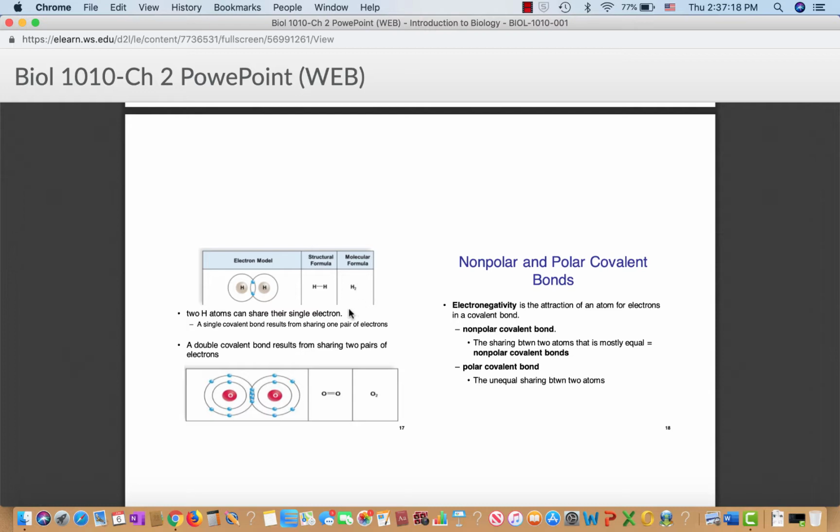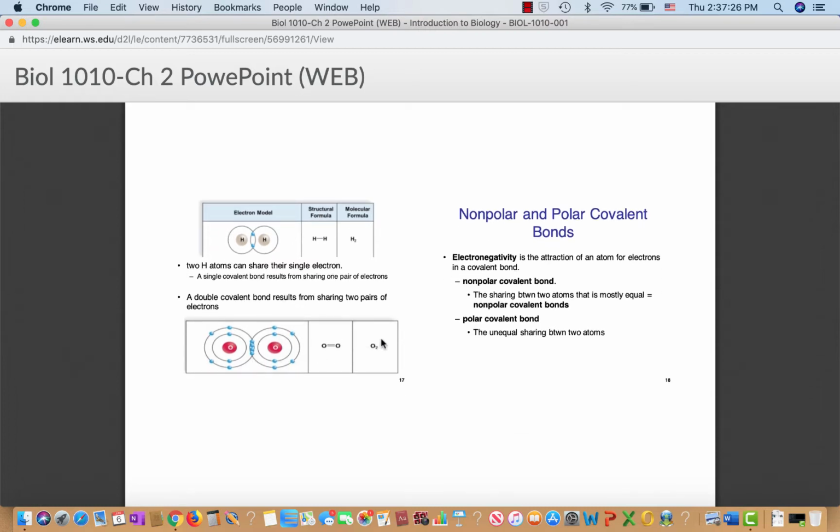It's always H2 when it's just out and about on its own, because it's much happier like this. Same thing with oxygen. So O2 is how you find oxygen out in the environment. And it's just sharing these electrons back and forth.